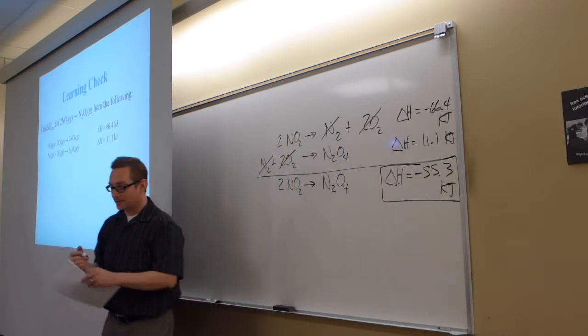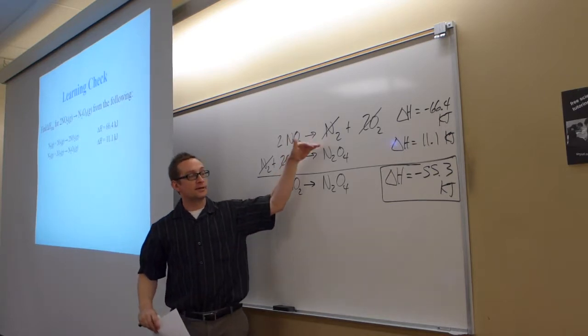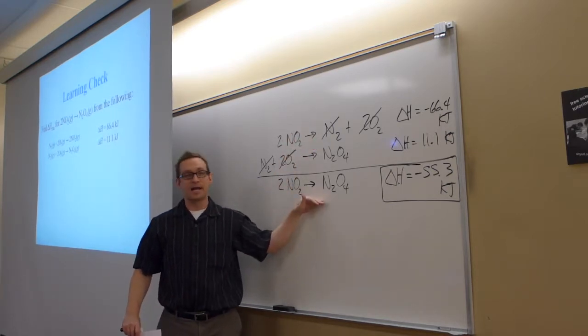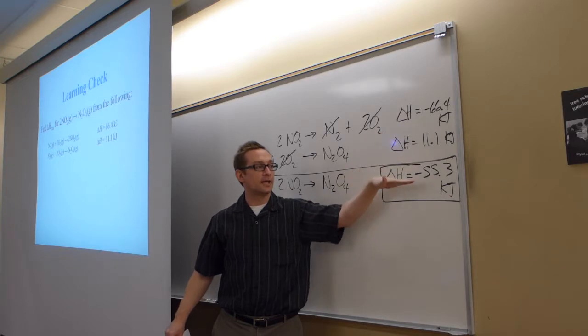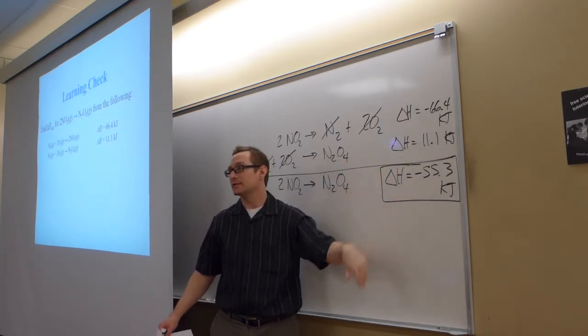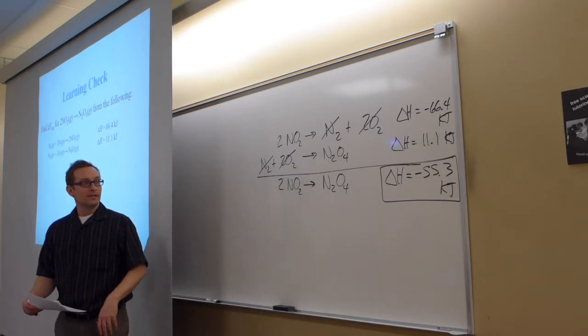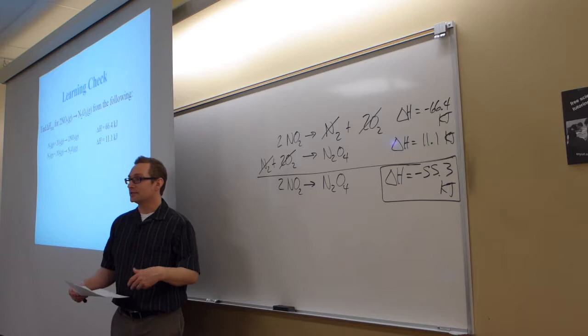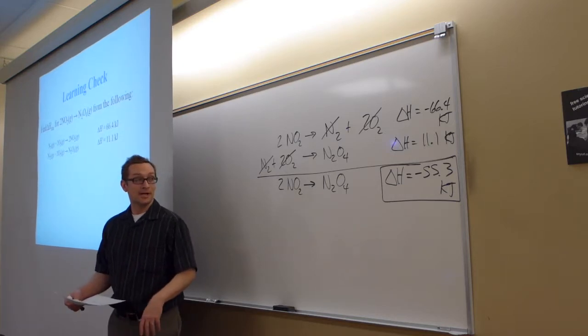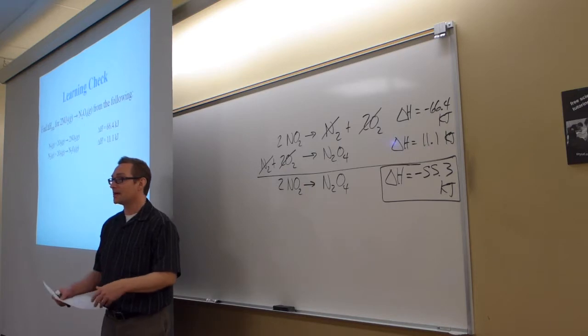And that's Hess's law. Hess's law says that we can add up a series of reactions to get the desired reaction, and we can get the enthalpy of reaction for our desired reaction by adding the enthalpies of the individual steps. That's what Hess's law tells us. It's really not that hard. These are nice problems to do, but it does require a little bit of observing what you need to flip around.